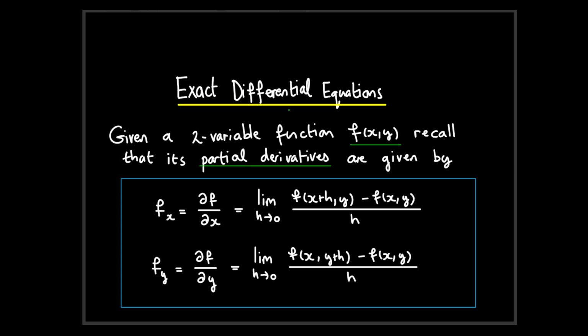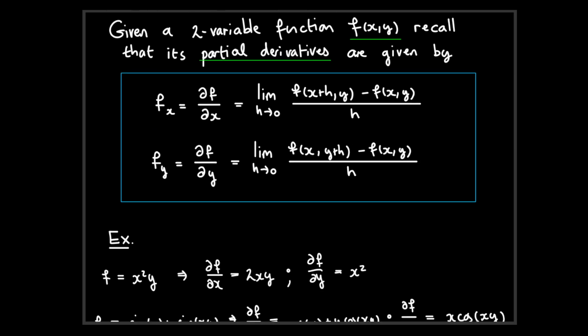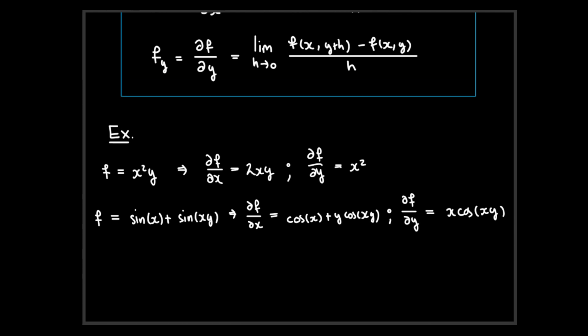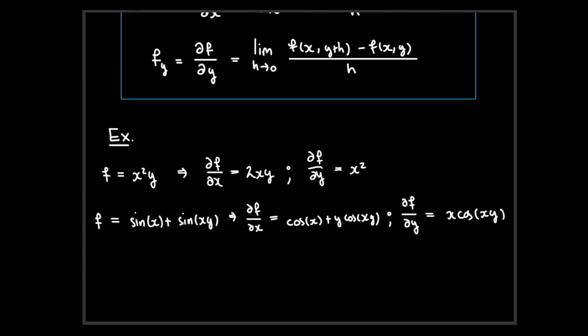Okay, so maybe just to give an example of this, we have these two examples here. If I give you this very simple function here, f equals x squared y, and we want to compute the partial derivative of f with respect to x, then, just as I said, we treat y as a constant and x as just a variable, and then differentiate as you would any function of a single variable x.